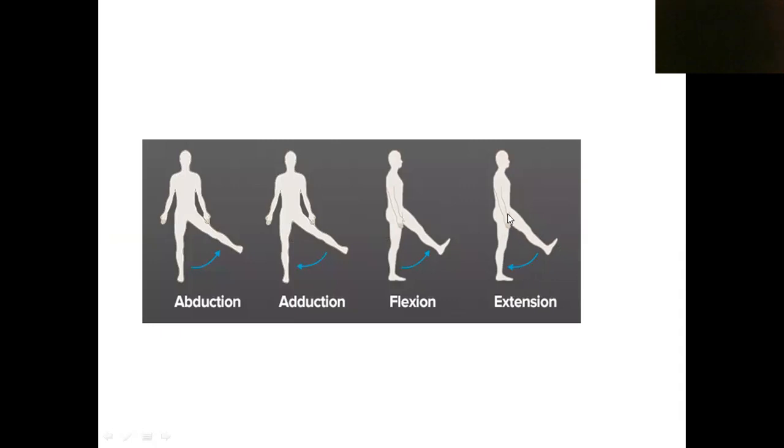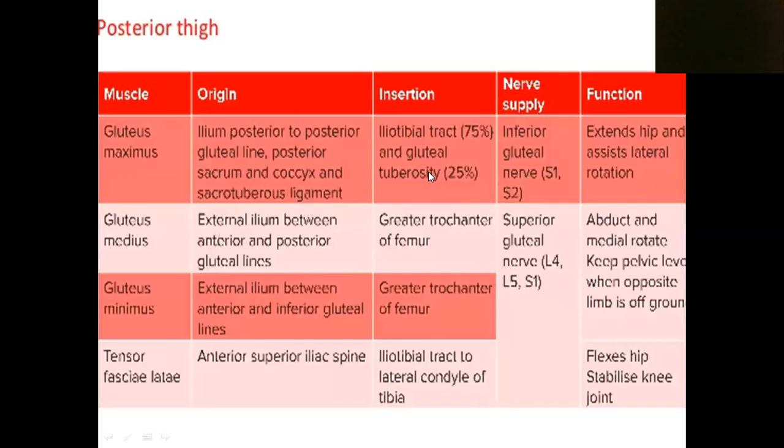This is the flexed hip joint, and when it goes to the normal position, it is known as extension. So that backward movement of the hip joint is extension. This gluteus maximus is a powerful extensor.